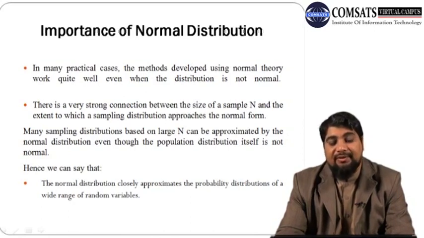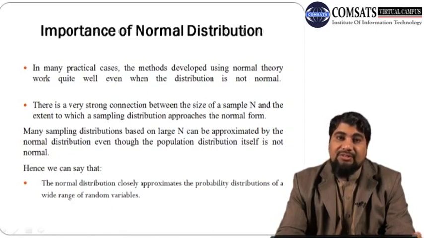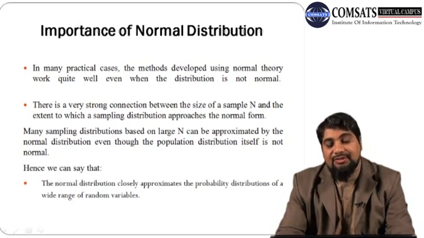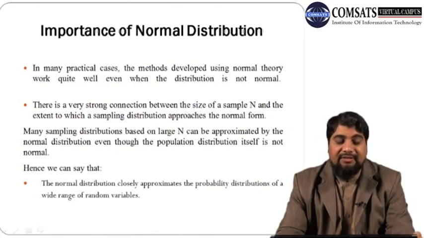So there is a very strong connection between the size of the sample and the extent to which a sampling distribution approaches the normal form. Many sampling distributions based on large n can be approximated by the normal distribution, even though the population distribution itself is not normal.